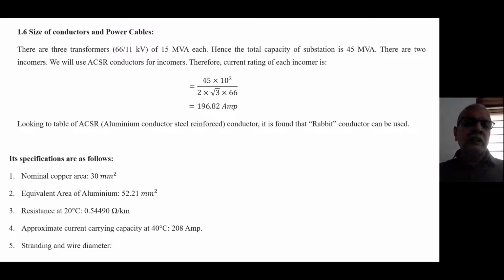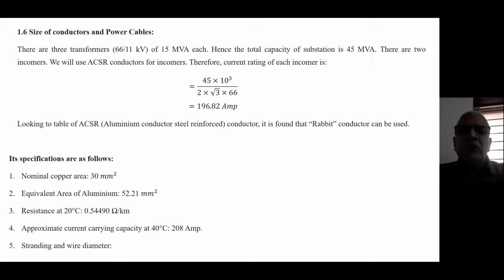So in this engineering we start with, you will have to tell what incomers will come. That you should tell as a part of engineering. Before the 66 kV line, there is a 132 by 66 kV substation, but we are not talking about that right now. We are talking about 66 by 11 kV. But two incomers are coming.